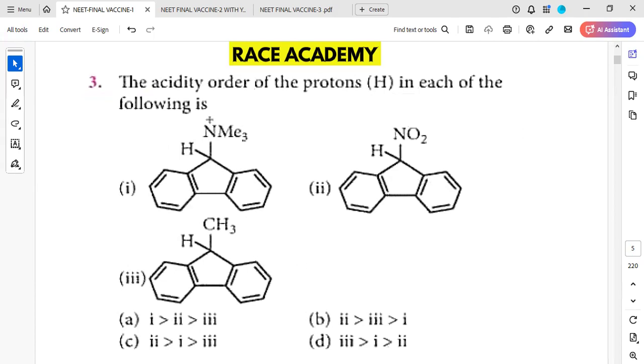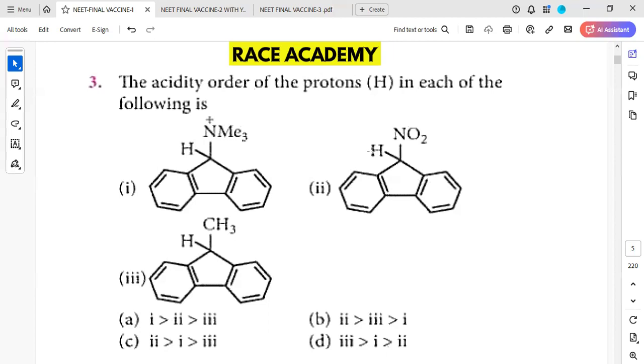In the first one, what we understand here is an NO2 group, which obviously exerts a negative resonance effect with this type of conjugation. The CH3 group in the third Roman numeral is exhibiting a positive inductive effect, whereas NMe3, trimethylamine, with the plus charge shown here, shows a negative inductive effect. So because of this, wherever the NO2 group is present, it will have such type of acidity.